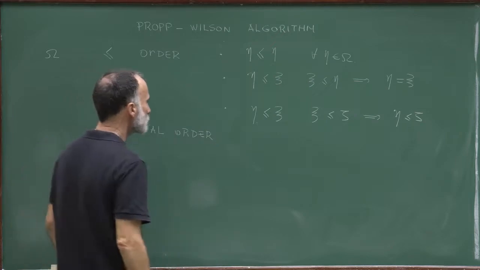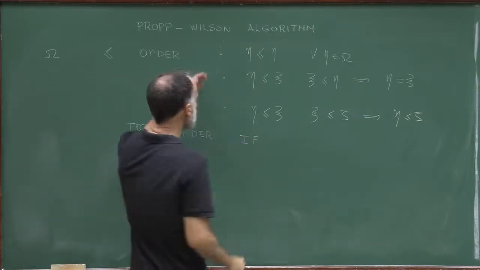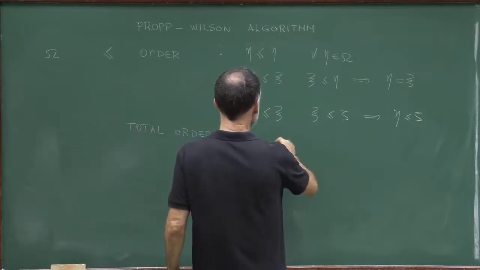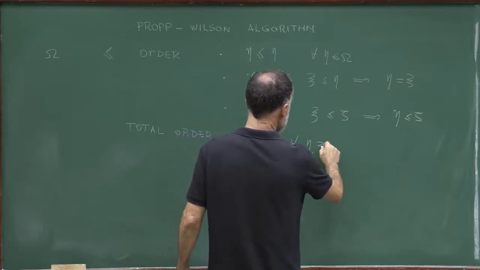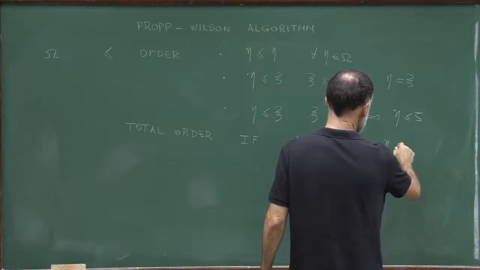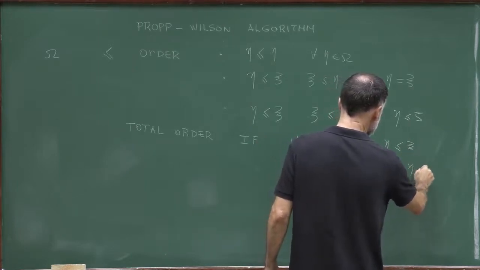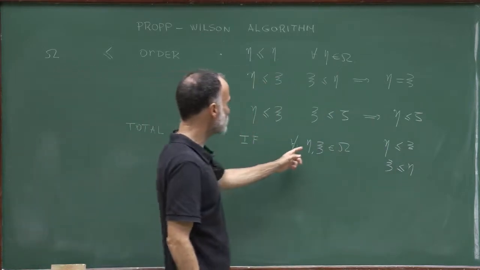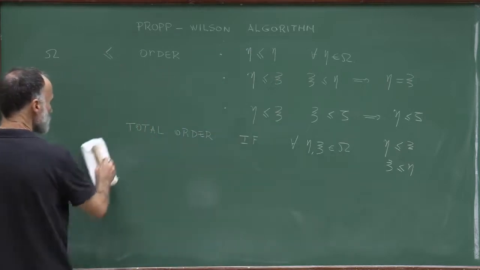So this order is a total order if, besides these 3 properties, we have the 4th one, which tells us that for all eta, xi in omega, I have either that eta is less or equal than xi, or xi is less or equal than eta. So the set is totally ordered if this 4th condition holds. So let me give you 2 examples.